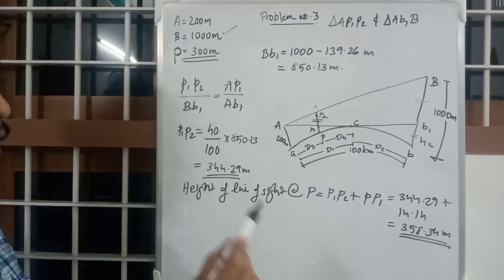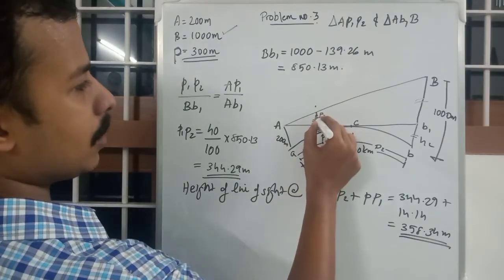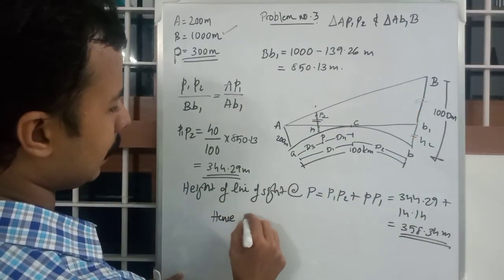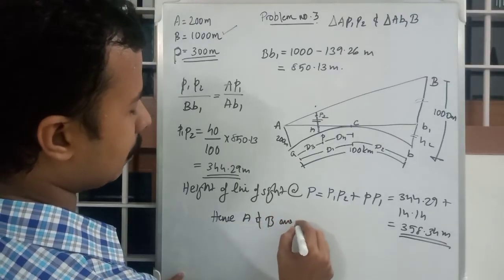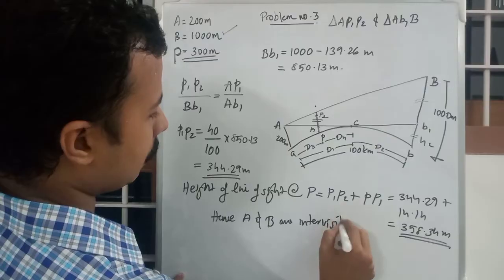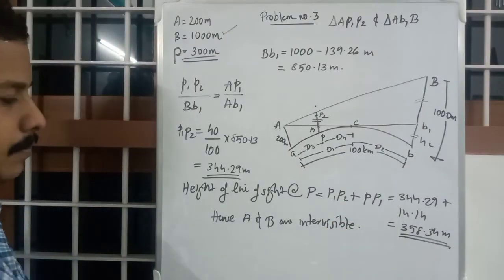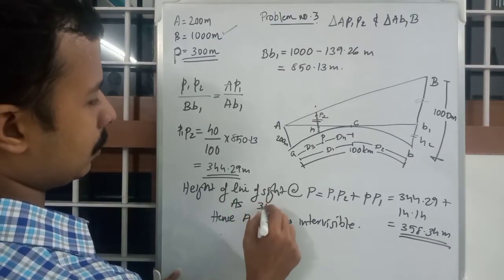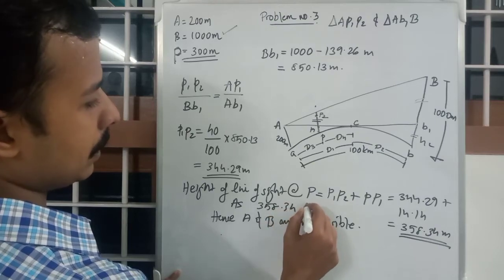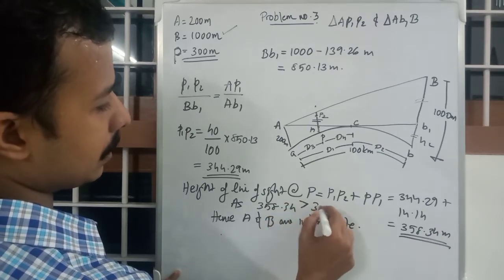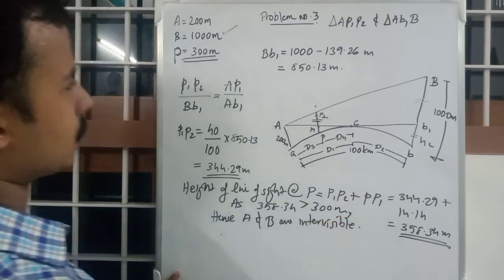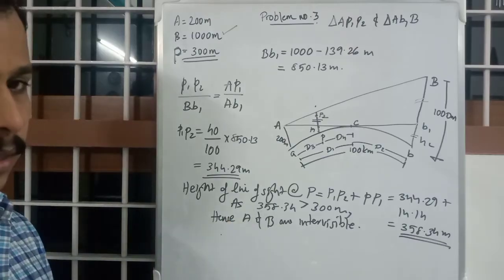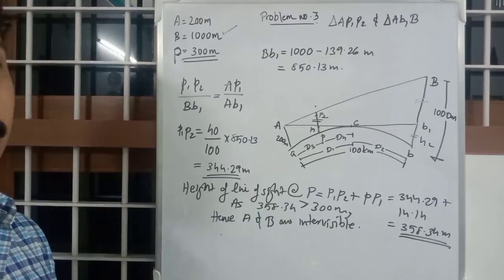Hence, obviously, capital P will be somewhere below the line of sight, and hence A and B are intervisible, as 358.34 is greater than 300 meters, the height of the peak. Okay, so that is the inference of our first question.